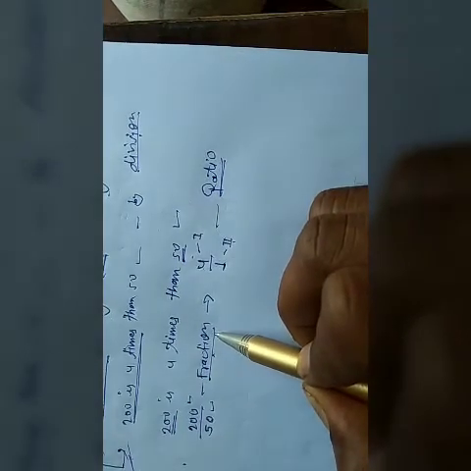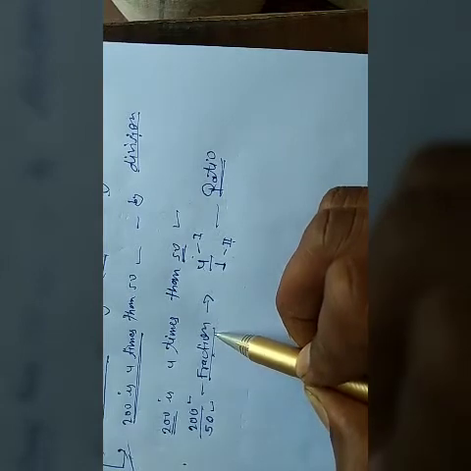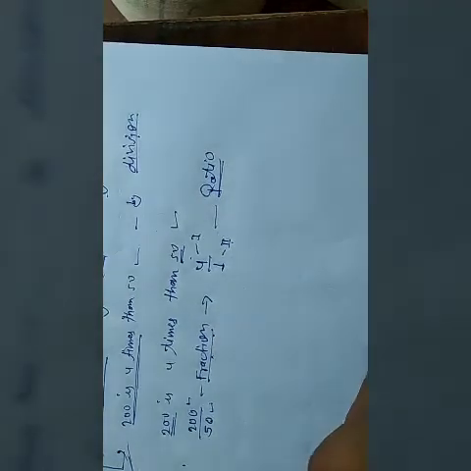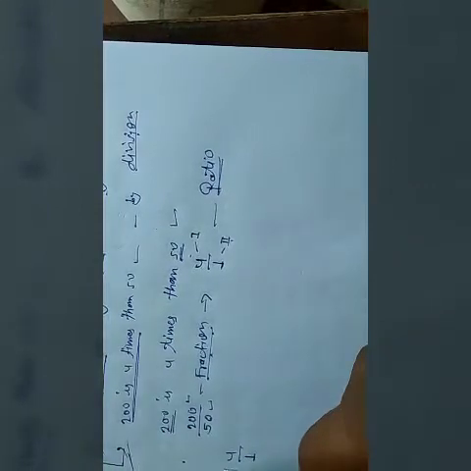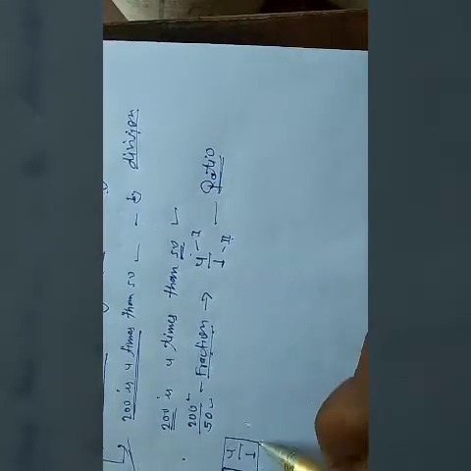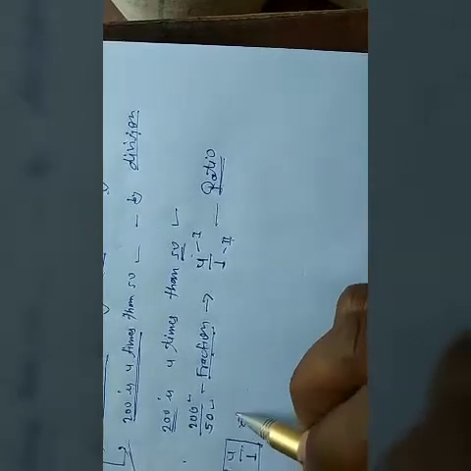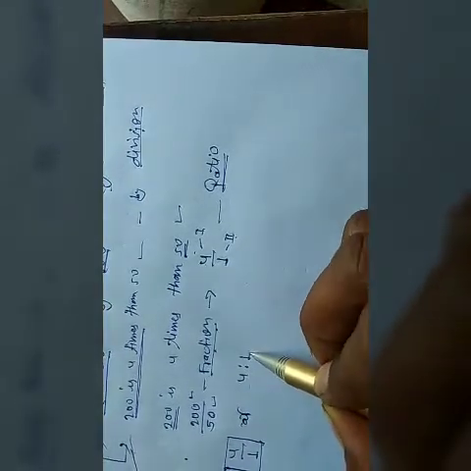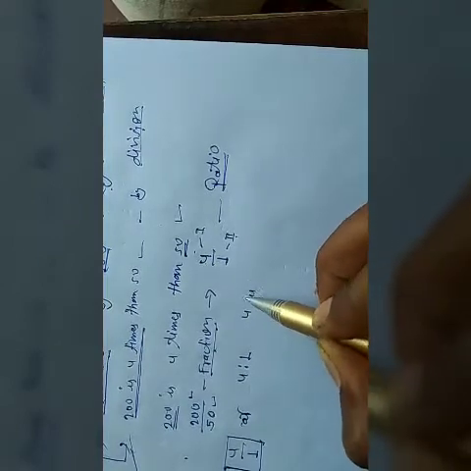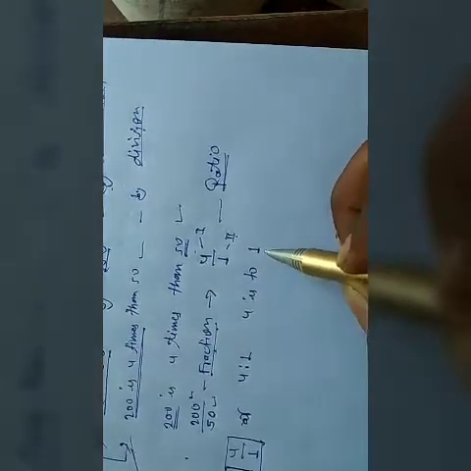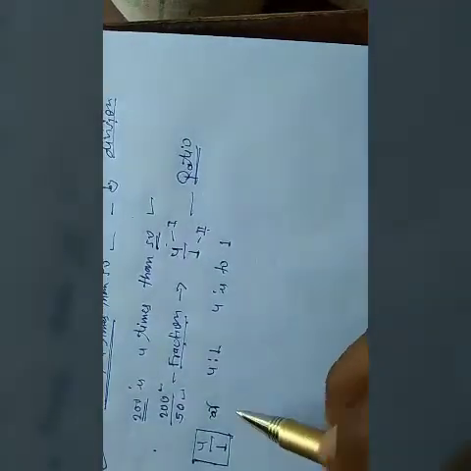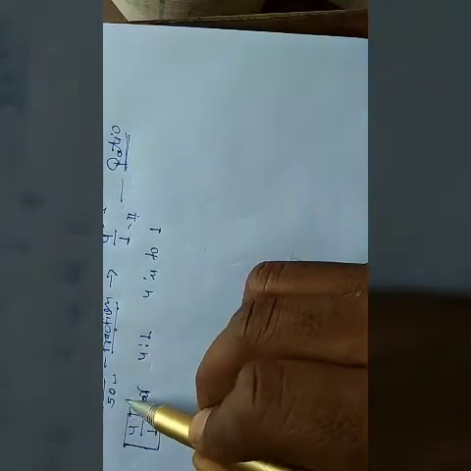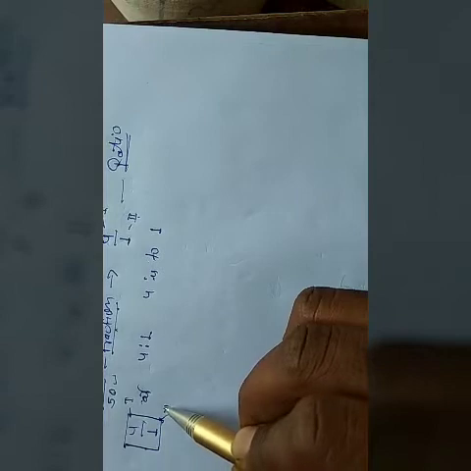There are different points related to ratio, so let's discuss all the points one by one. Take an example: this is 4 upon 1. This is a ratio. We can represent this ratio as 4 is to 1. In this expression, this term is called the first term and this is the second term.